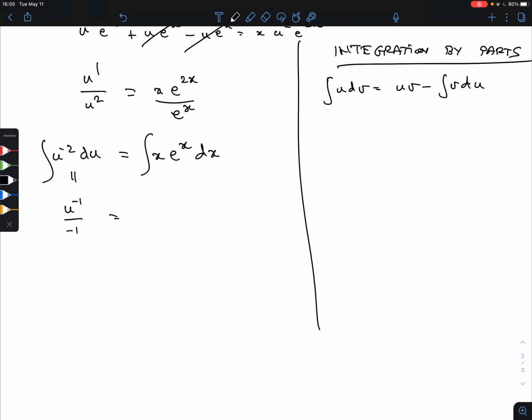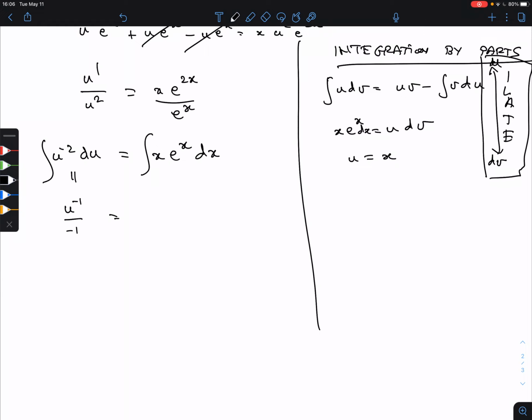And so what we have here is x e^x dx, and we want to write this as a u dv. The way to do that is, remember, another way of calling this is ILATE. ILATE is a scale that says what is u and what is dv.